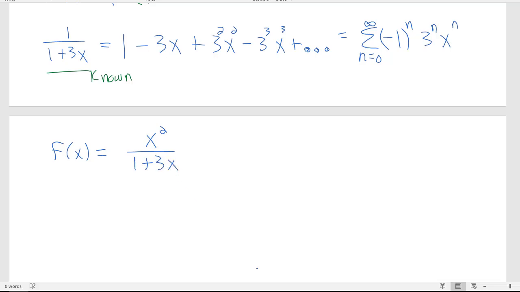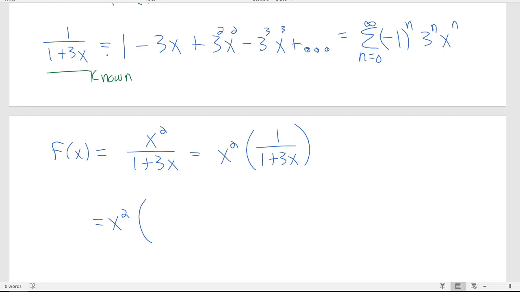All right, now what we're connecting to is this prior series, and in this case the easiest way for us to do this is to think of it as x squared times the 1 over 1 plus 3x power series that we know. So what I'm going to do here is look at this as x squared times, and then what is my power series for 1 over 1 plus 3x?